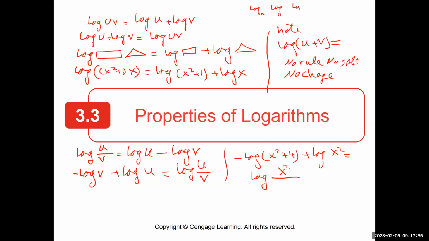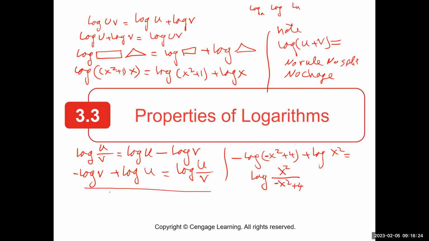That's all it means. So this becomes log of x squared over x squared plus 4. No negative sign, unless you have negative 4 or negative x squared inside; if I have a negative here, I put it here, that's part of the formula. But this negative outside means put it in the bottom. So that's the second rule.